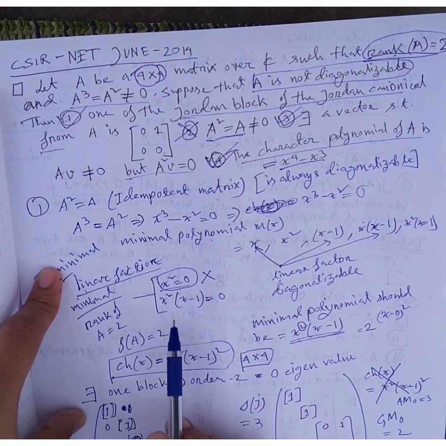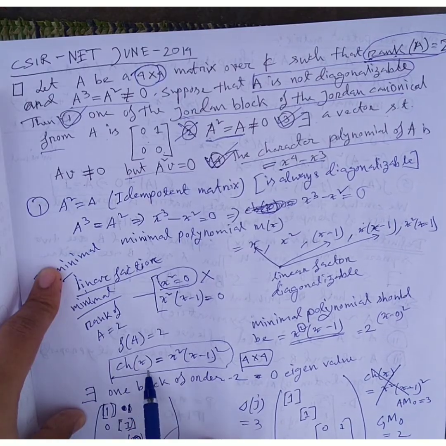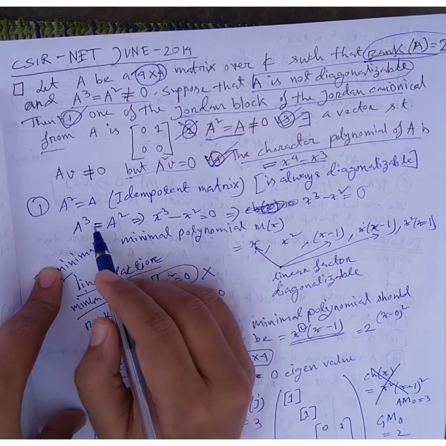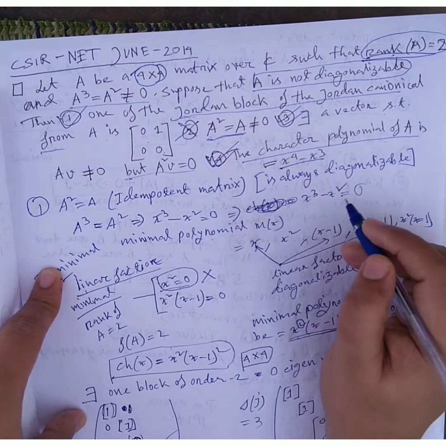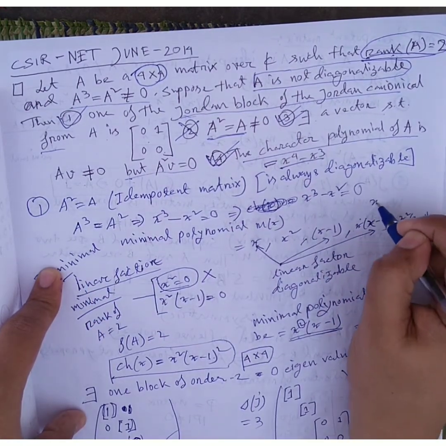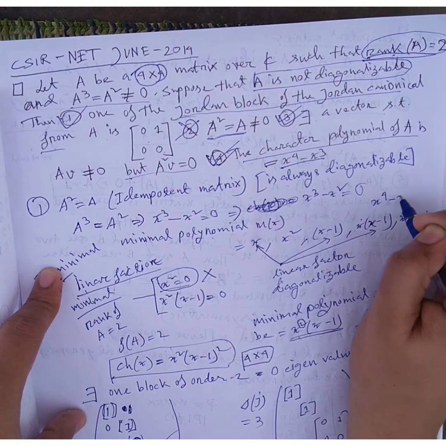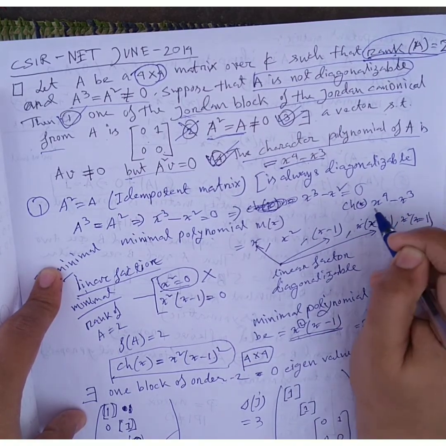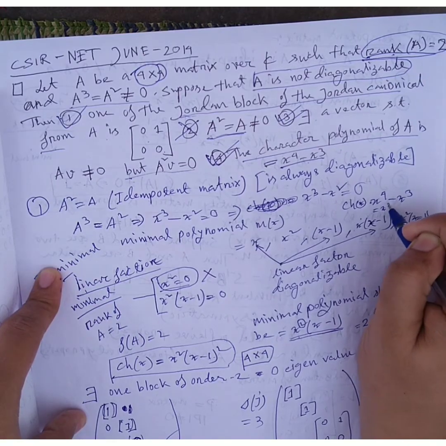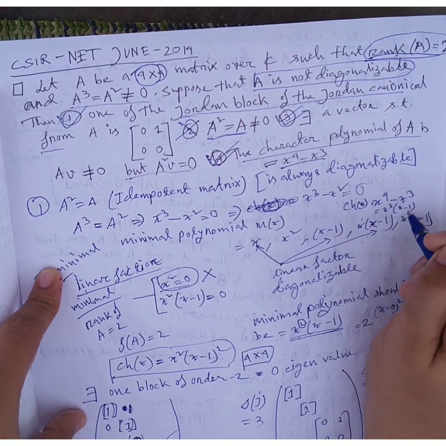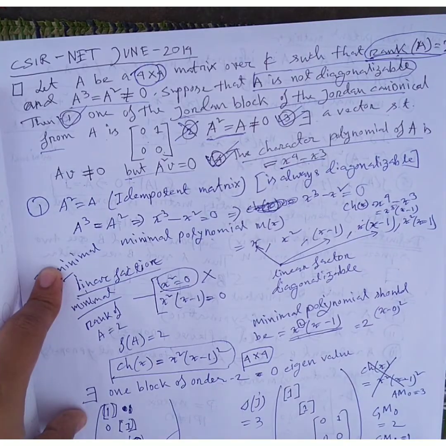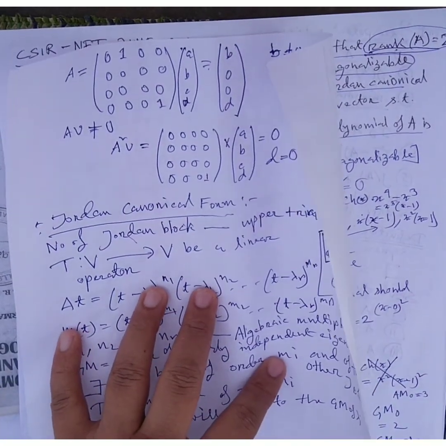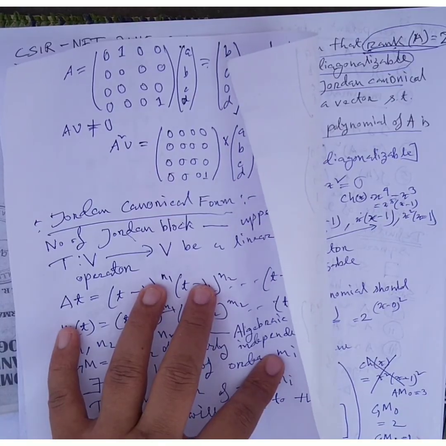You see the characteristic equation of this polynomial is x to the power 4 minus x cube. Characteristic equation means here x cube and x minus 1. x cube means 3, and gm of 1. So this is the main fact you have to remember.